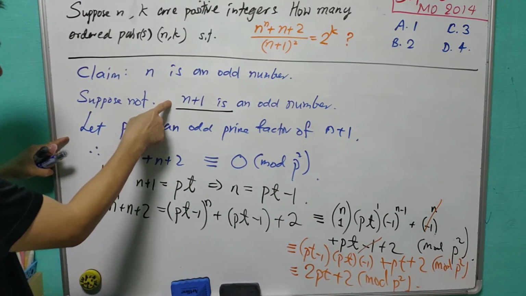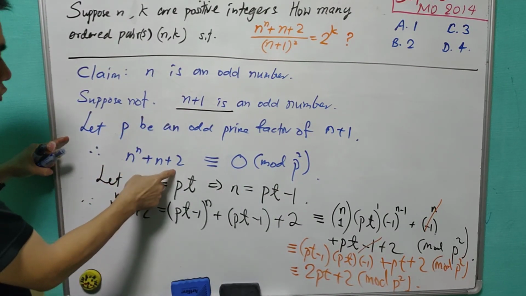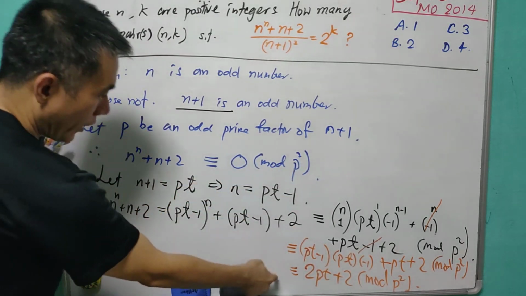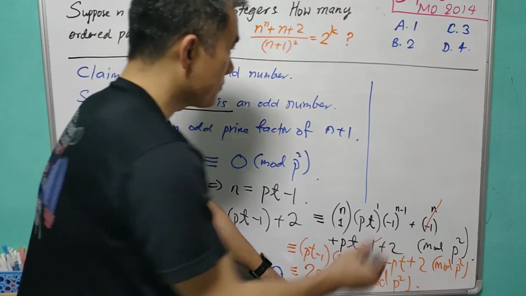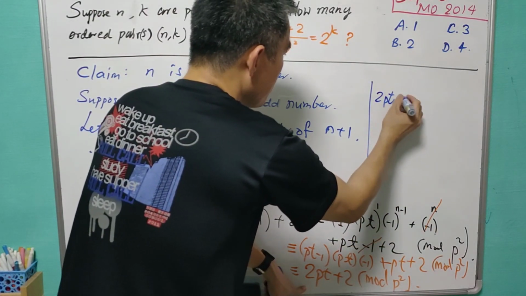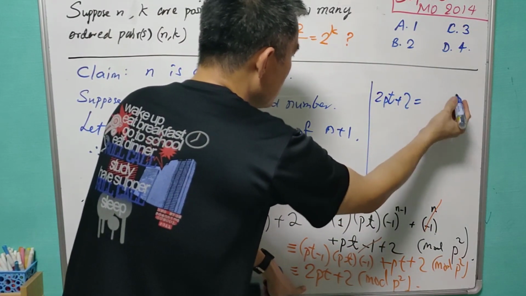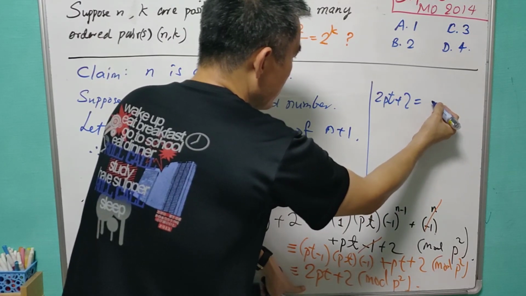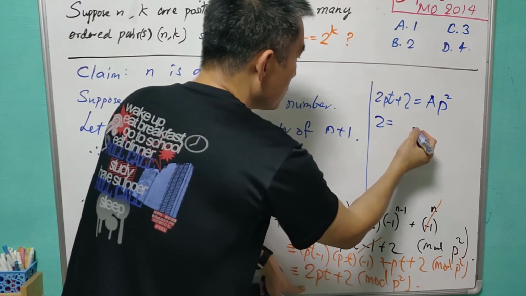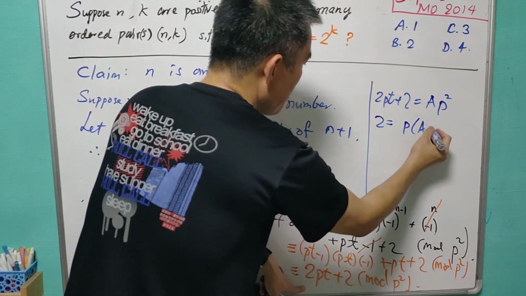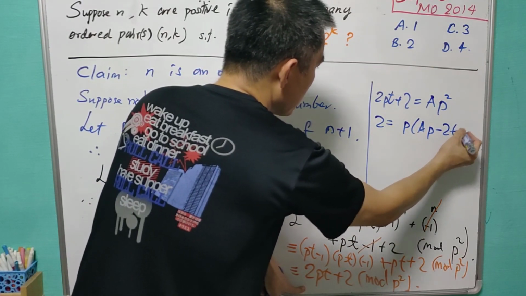By our assumption, n to the power of n plus 2 must be congruent to 0 mod p squared. This has to be congruent to 0. And this means that 2pt plus 2 must be equal to a multiple of p squared, say a p squared. So 2 will equal p times (ap minus 2t).